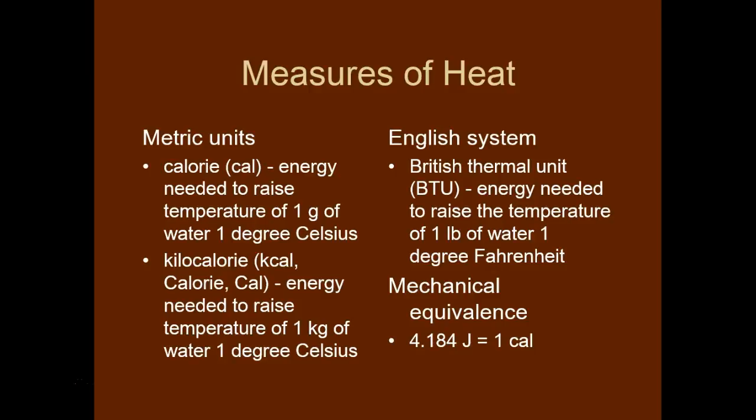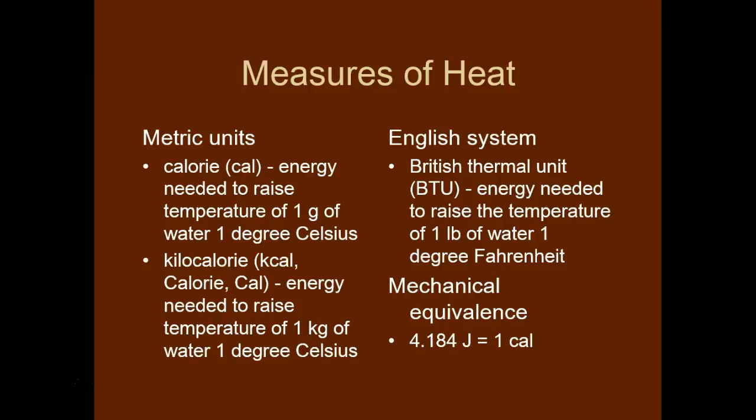Second? A Fahrenheit degree is a little bit more than half of a Celsius degree. Because remember, there's 100 degrees between the freezing point and boiling point of water in the Celsius scale, but there's 180 degrees difference in the Fahrenheit scale.